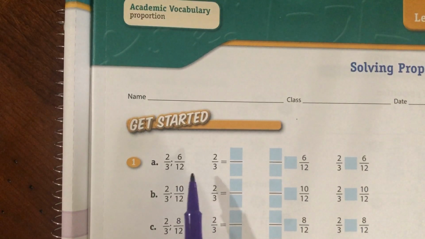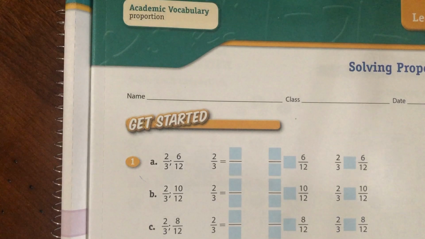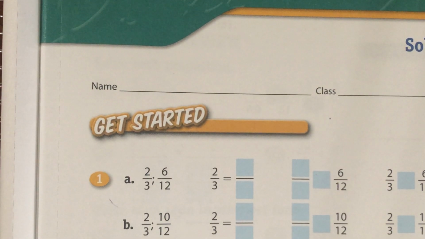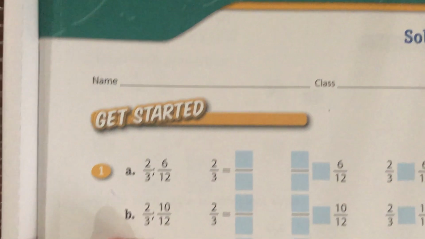So number 1, you have 2 fractions. You have 2/3, and you have 6/12. So I'm going to compare the ratio 2/3 with the ratio 6/12. So we're going to write equivalent ratios with a common denominator. You guys are really great at finding common denominators. So the ratio is equivalent to 2/3 because we have a common denominator here, all right?